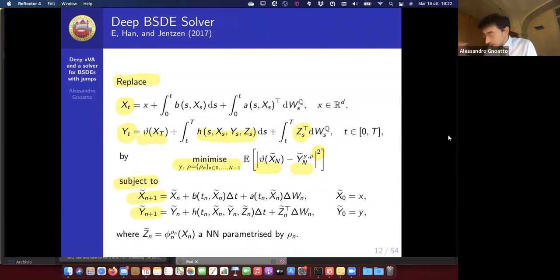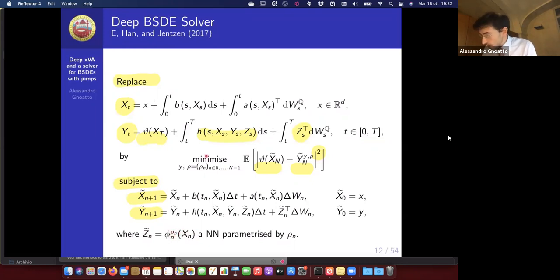You see that the variables over which we perform the optimization now are the initial value of the BSDE, y, and we parameterize Z, the family of controls, by means of several neural networks, one neural network for each point in time, and each of these neural networks depends on a set of parameters, weights and biases.